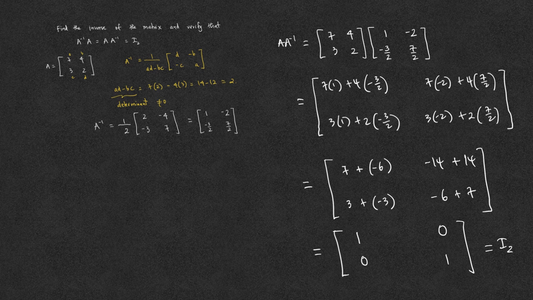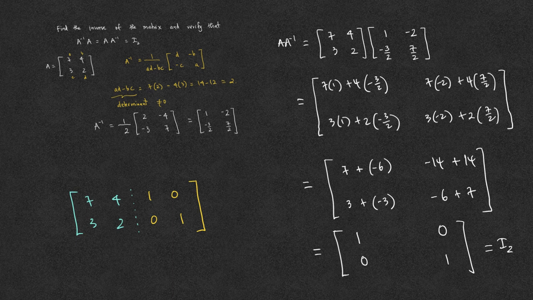The shortcut that we use only works on a 2 by 2 matrix. But what happens if we do not know this shortcut? We would need to set up the matrix A, which is 7, 4, 3, 2, and attach the identity matrix next to it, which is 1, 0, 0, 1, of the same dimension.